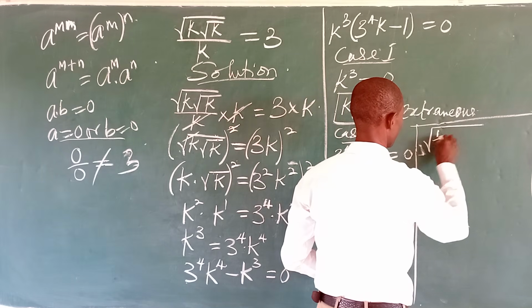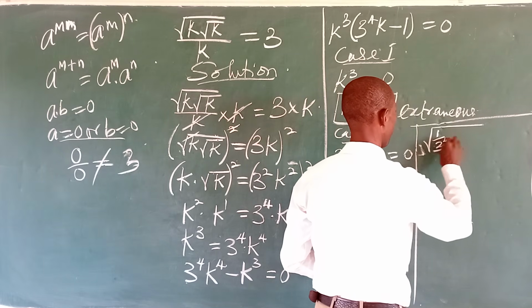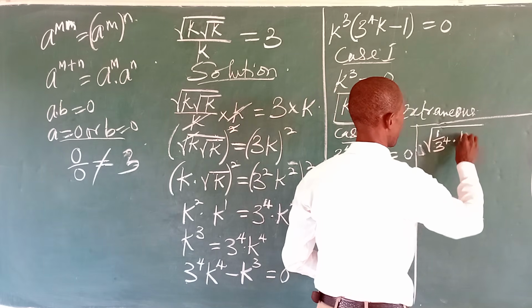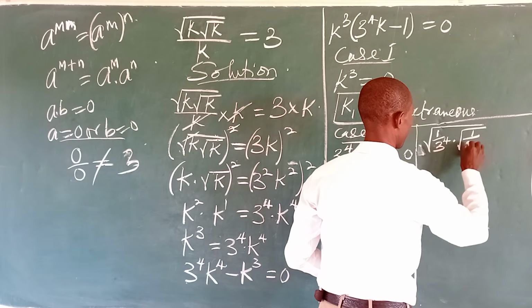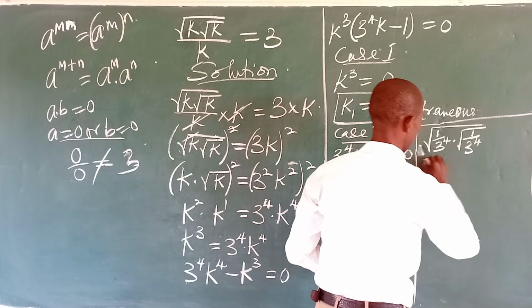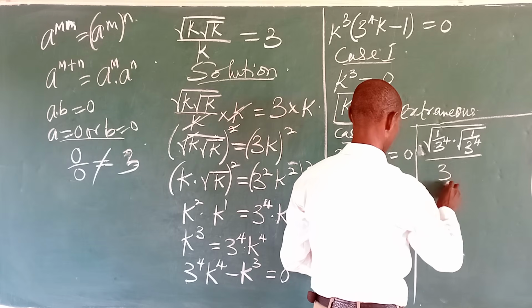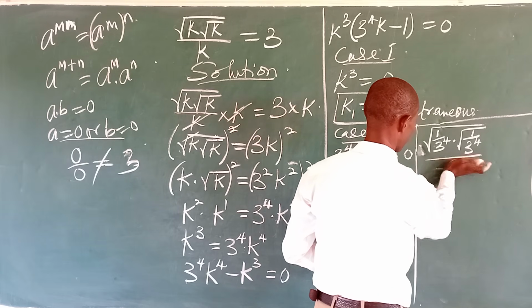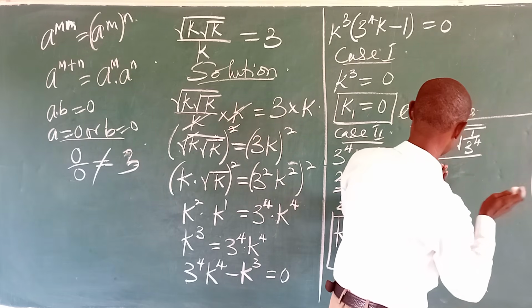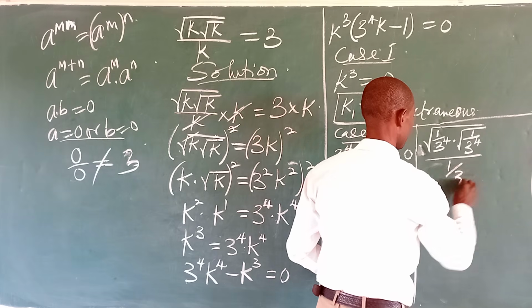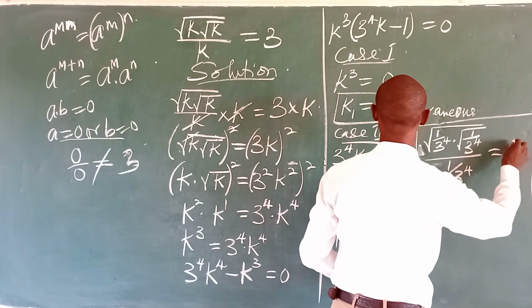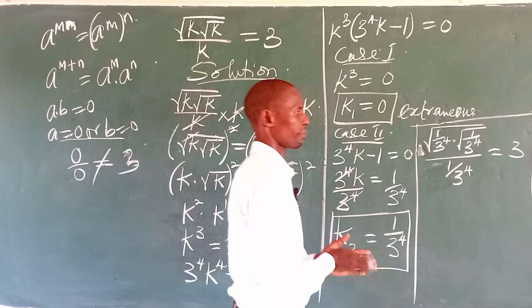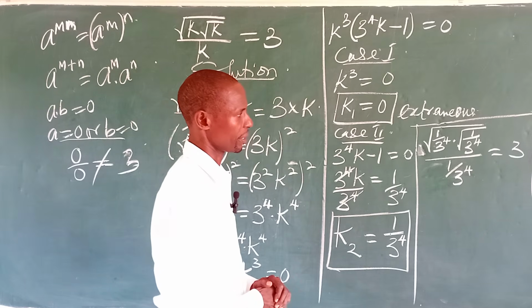So we have 1 all over 3 to the power of 4 times the square root of 1 all over 3 to the power of 4, everything all over 3 to the power of, this will still give us 1 all over 3 to the power of 4, everything equal to 3. So here comes the simplification.